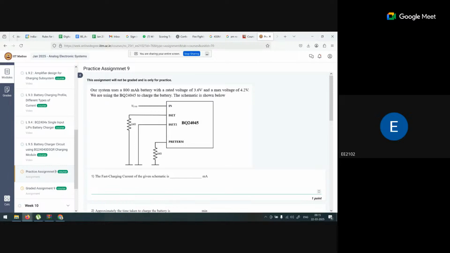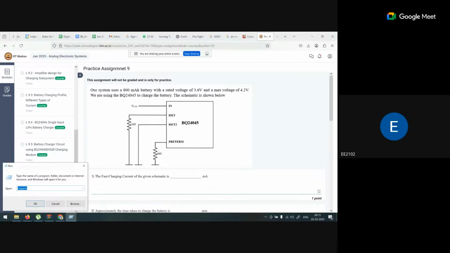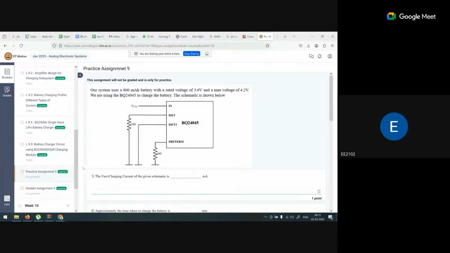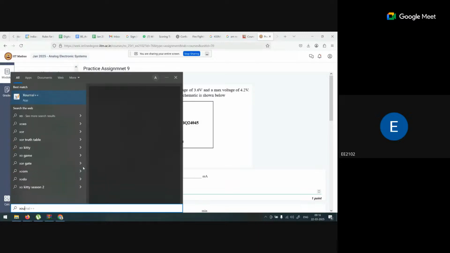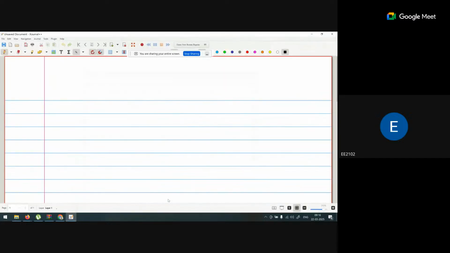Okay, if you go with the video part, you can see that the fast charging current I out is K I set upon R I set.